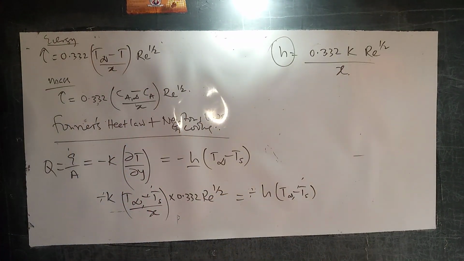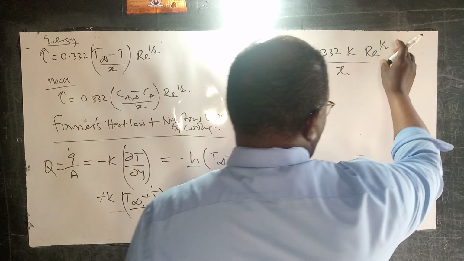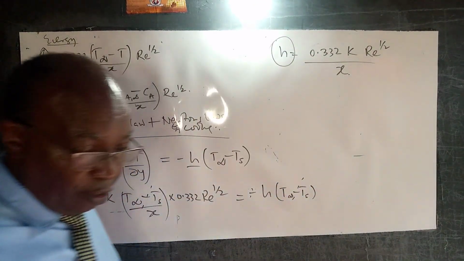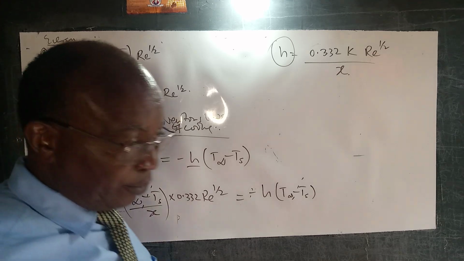That's the convective heat transfer coefficient, and now you're seeing it in terms of the Reynolds number.